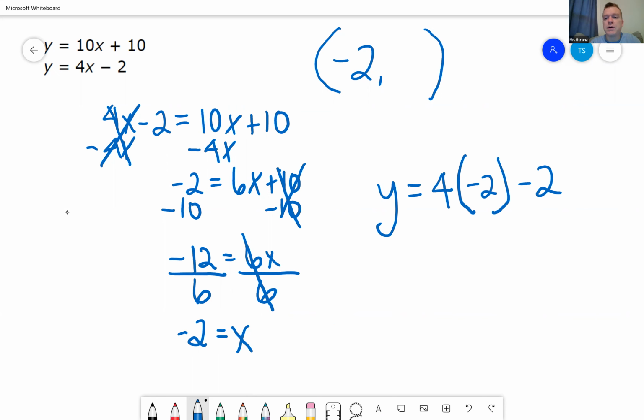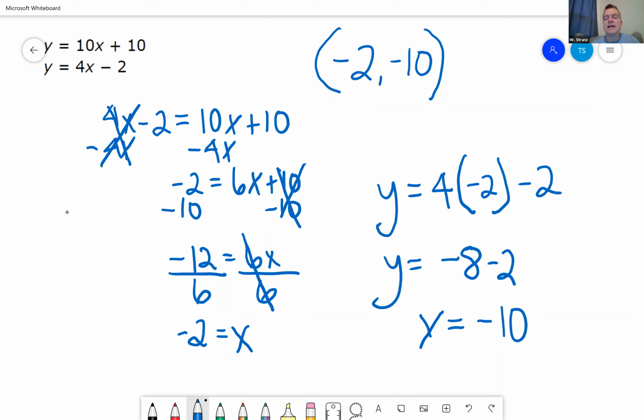So y is going to equal 4 times negative 2, which is negative 8, minus 2. y is going to be negative 10. So I now know both of my points. I got negative 2, negative 10. That's the answer.